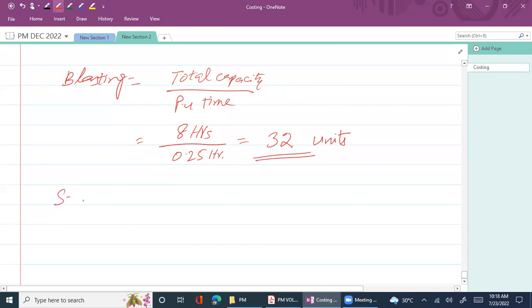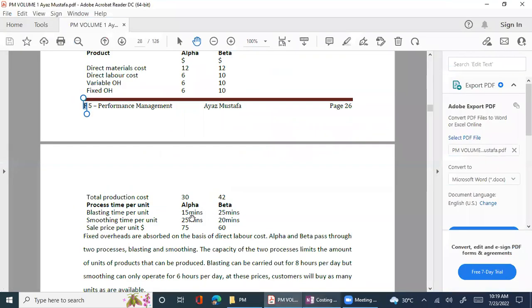Yes. Okay. Then the next department is the smoothing department. So after producing 32 alphas from the blasting, I will move to smoothing. But when I move to smoothing, the total capacity is 6 hours and the per unit time of alpha in smoothing is 25 minutes.